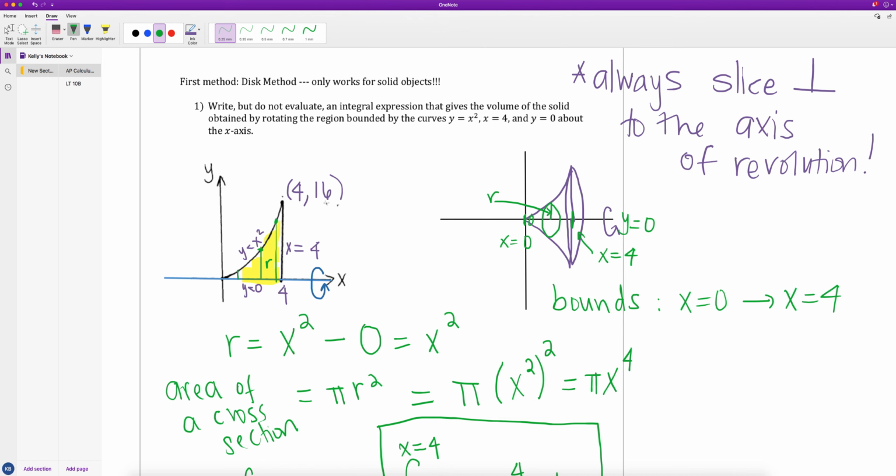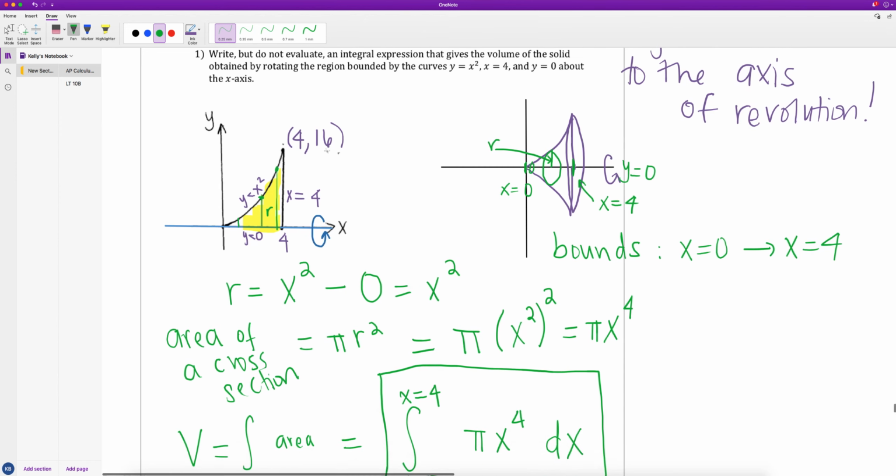And because our bounds were in terms of x, it means that my radius over here must be also. So when I'm looking at the radius, remember I sliced perpendicular to the axis of revolution. It is intersecting the top curve at x squared and is intersecting the bottom curve at x equals 0. And that is true no matter where I draw my radii on here.